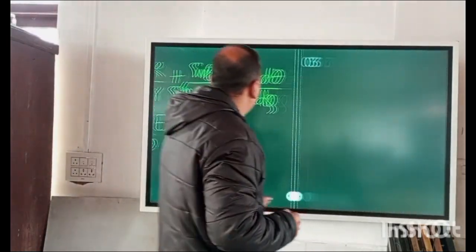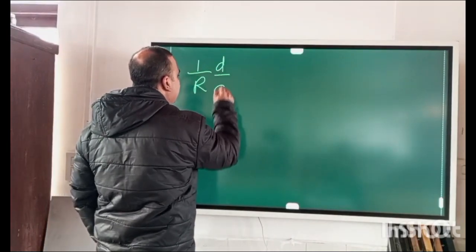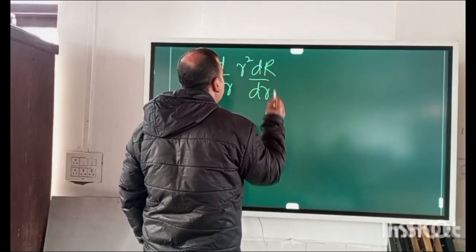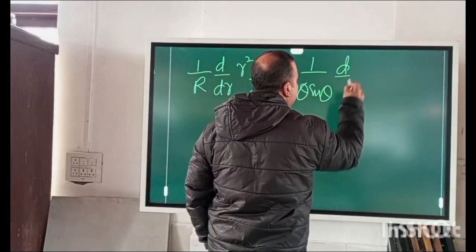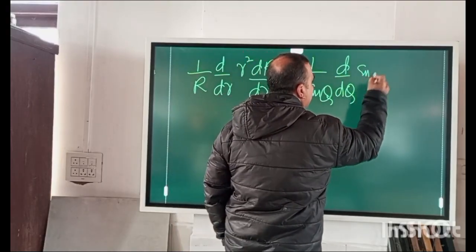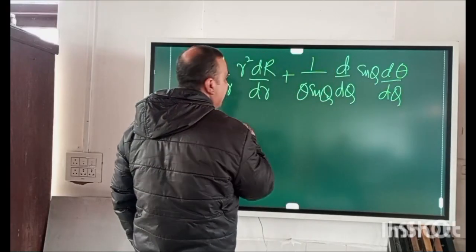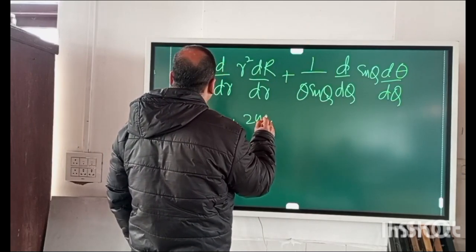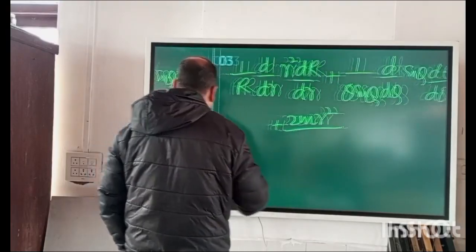We checked it in the previous video. So what you have is 1/r² d/dr of (r² dR/dr), plus 1/(Θ sinθ) d/dθ of (sinθ dΘ/dθ), where this Θ is the capital theta and θ is the small theta, then plus 2m r²/ħ² (E − V)... and the sin²θ will cancel.